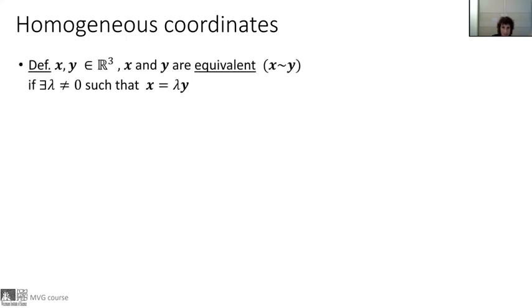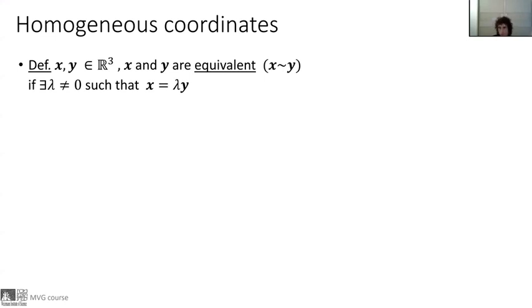So let's start with homogeneous coordinates, which we touched on in the beginning of the lecture, but I want to make a mathematical definition for the homogeneous coordinate. If I take two vectors, x and y in R3, I would say that they are equivalent if there is some scalar lambda such that x equals lambda times y.